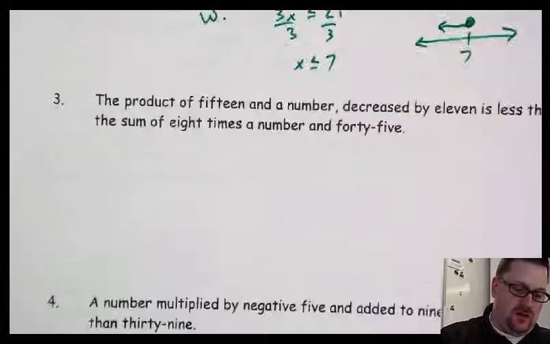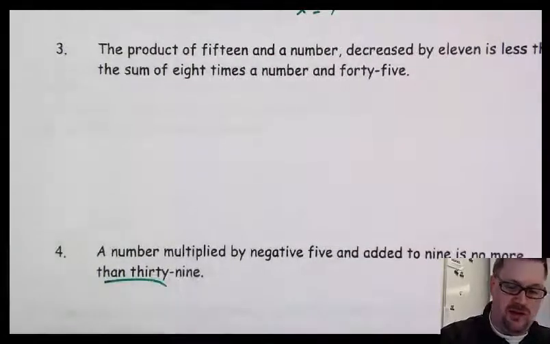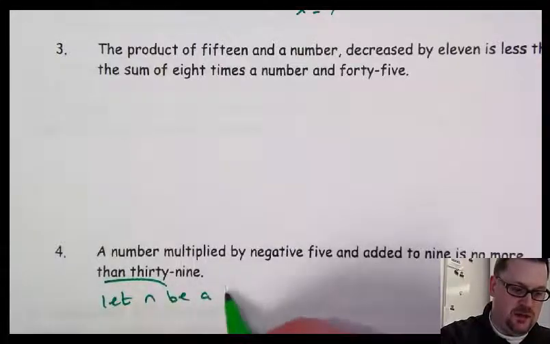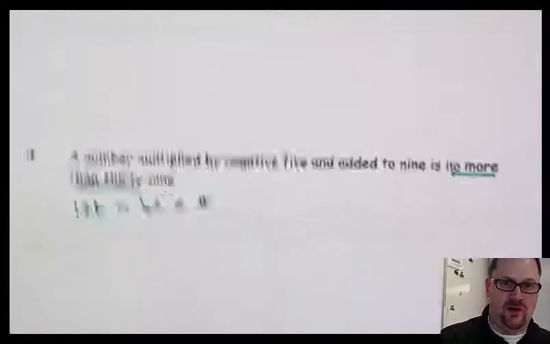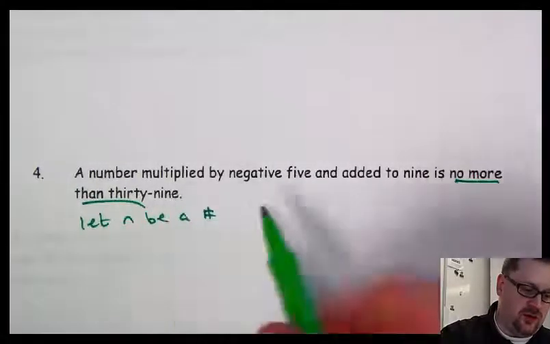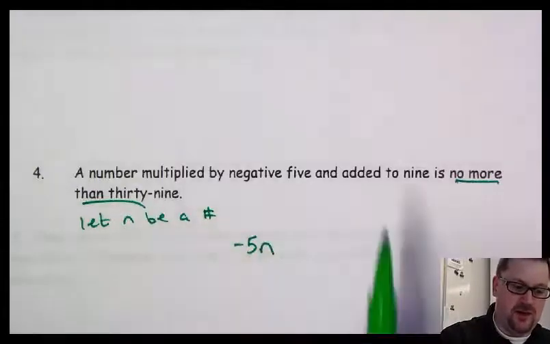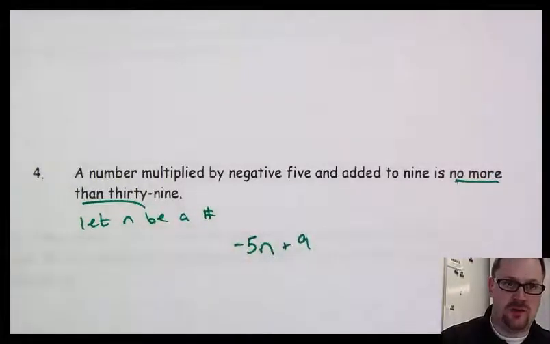A number multiplied by -5 is no more than 39. So again, I would let n be a number. Okay, and then I would try writing my inequality. A number multiplied by -5, so I would write that as -5n, and added to 9 is no more than.